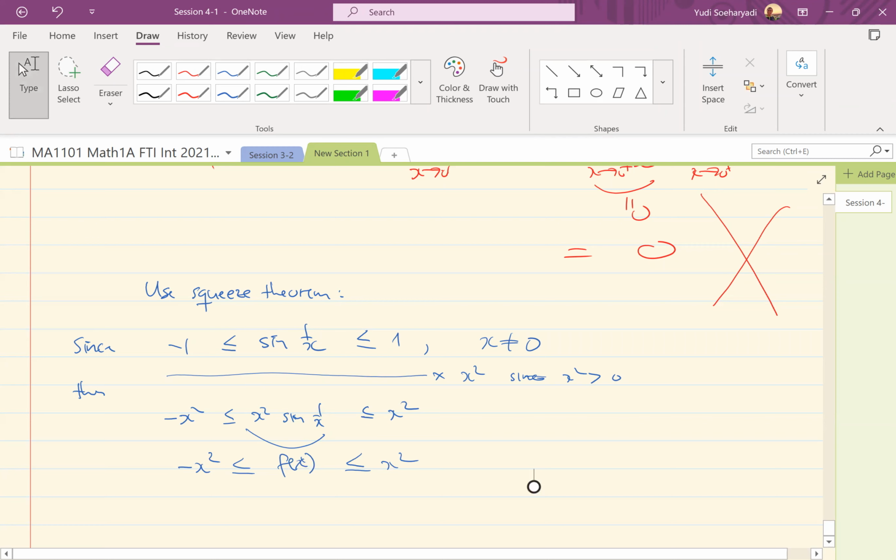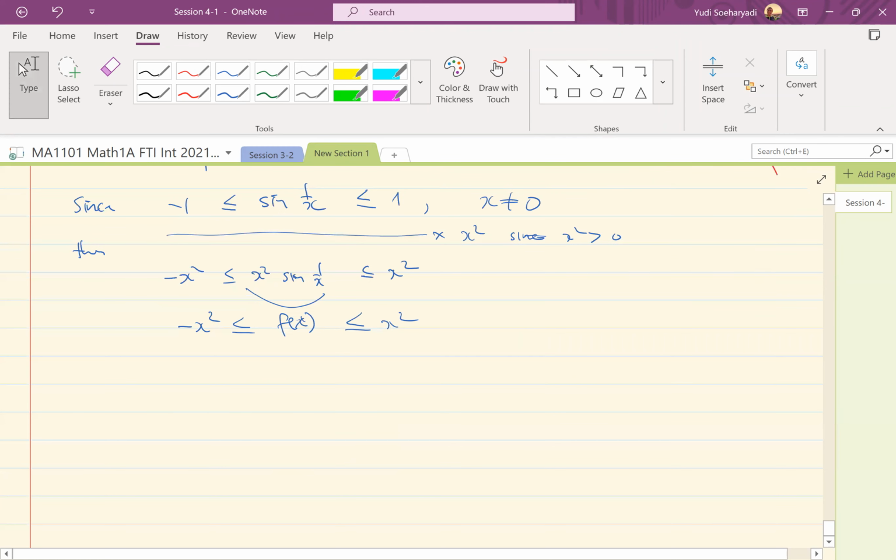The thing here is that the limit as x goes to 0 from the right of x squared is 0, same as for minus x squared. So the limit of this exists and it's squeezed between 0 and 0. So that's 0.